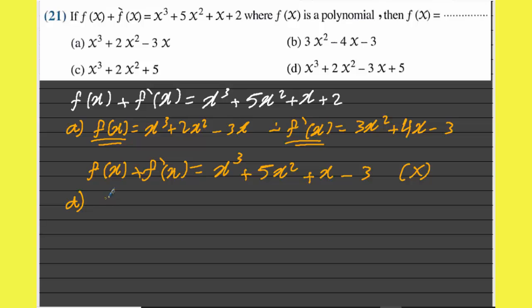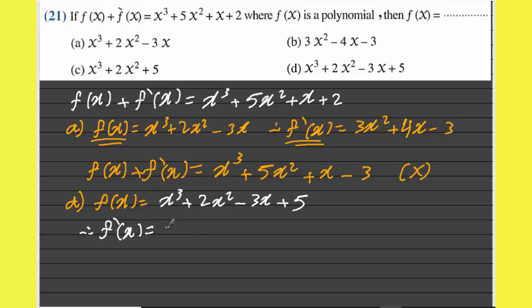Consider f of x equals x power 3 plus 2x square minus 3x plus 5. So f dash of x equals 3x square plus 4x minus 3.